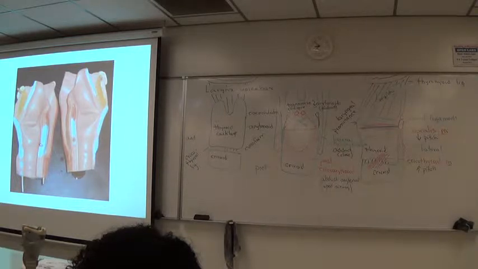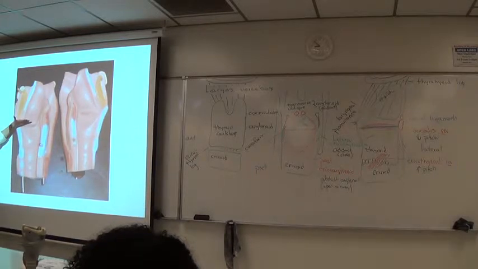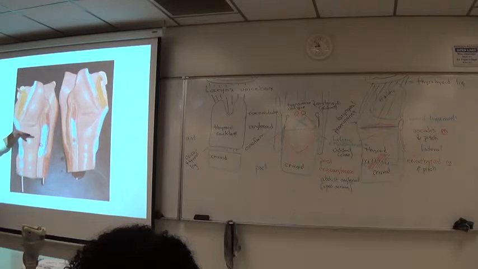We have the fold, which is the mucous membrane over it, and the actual ligament. The reason this is the true is because this vibrates to create your voice. The false does not. Its purpose is really to be a protection for the true, to catch anything that might be inhaled into the airway.